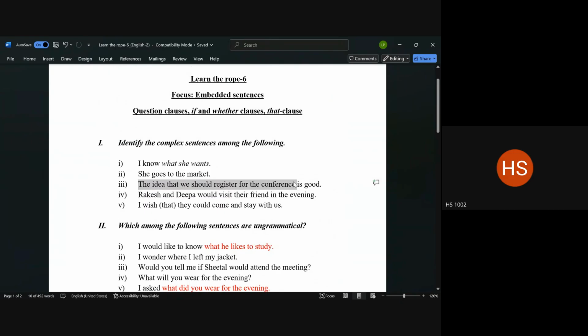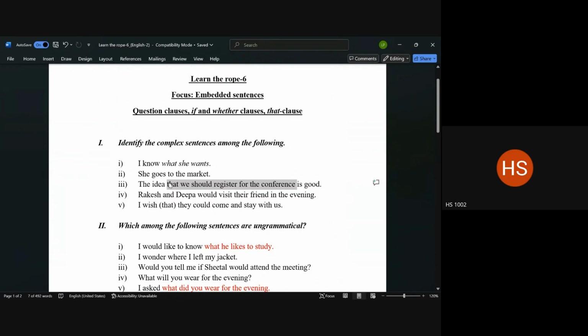So if you're asked what is the subject of this sentence, the answer is the idea. Okay. Not the idea that we should register for the conference. Okay. The idea alone is your subject.